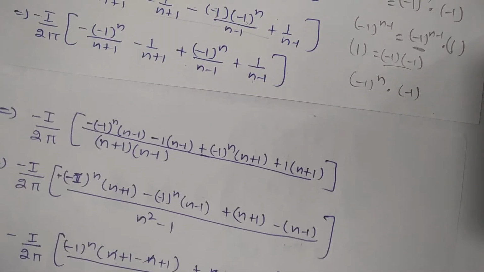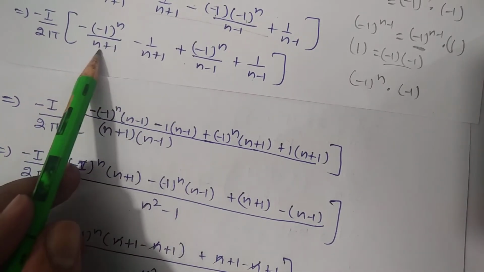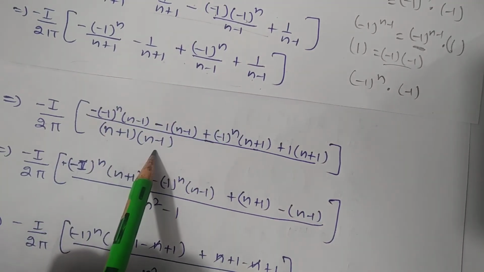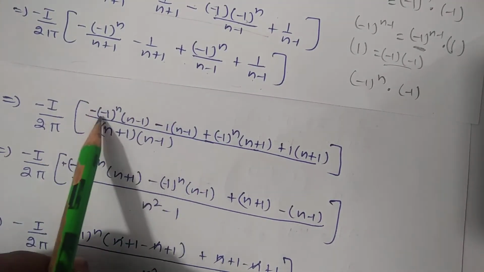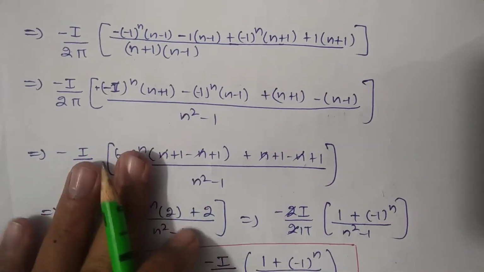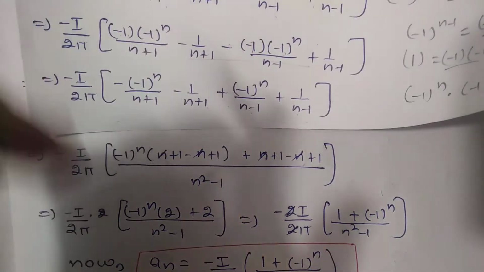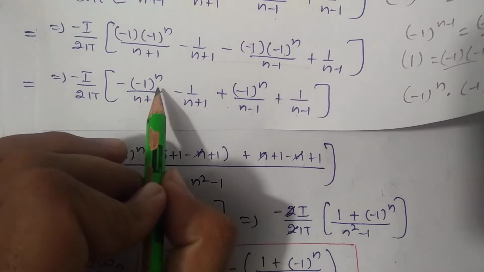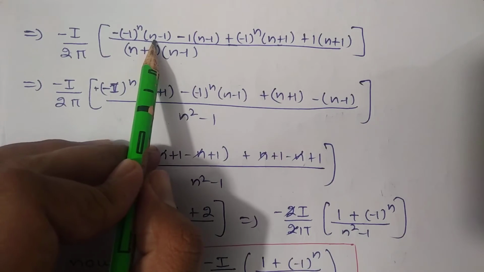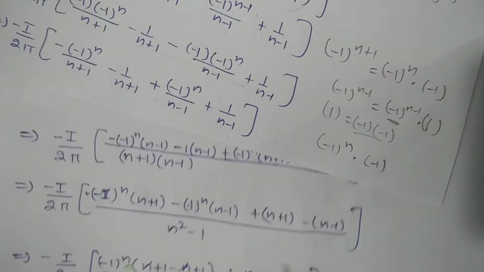So for this function I am taking −i/2π over there and taking the LCM, that is n plus 1, n plus 1, n minus 1 and n minus 1. So its LCM will be (n+1)(n−1). Now solving the upper side, (-1)^n, and to make this value (n+1)(n−1), just see in the previous page, we have to multiply n−1 over there also.